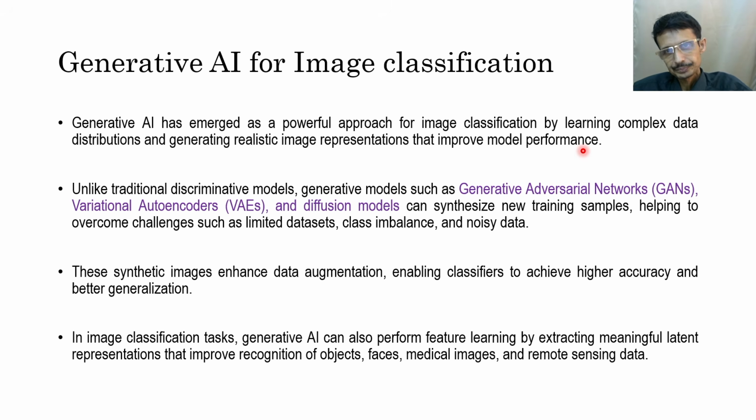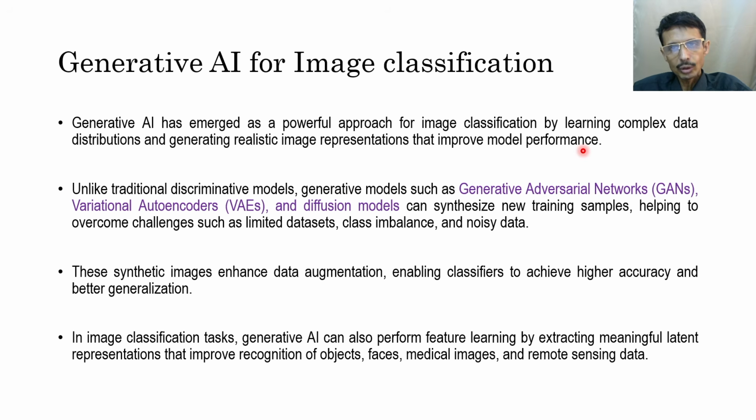Here, generative models can easily generate synthetic images or labeled examples that can be used as a very easy solution for this purpose. So generative AI, by virtue of generating synthetic images, helps a lot to arrange the huge number of labeled training data for supervised CNN-based classification.